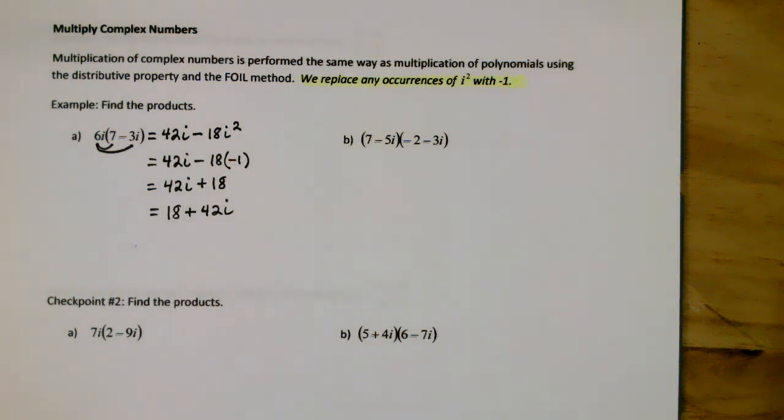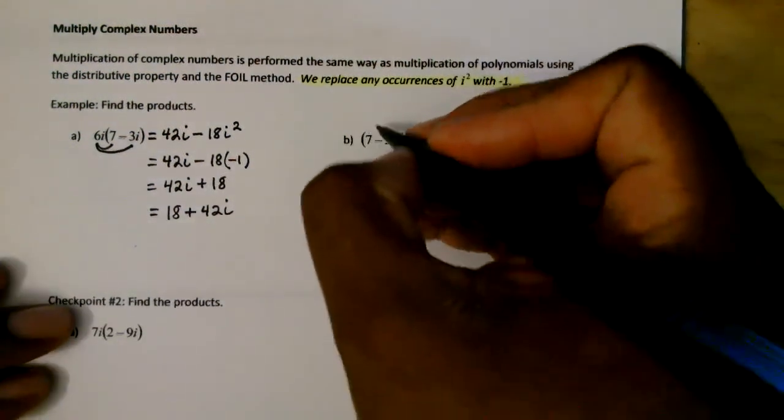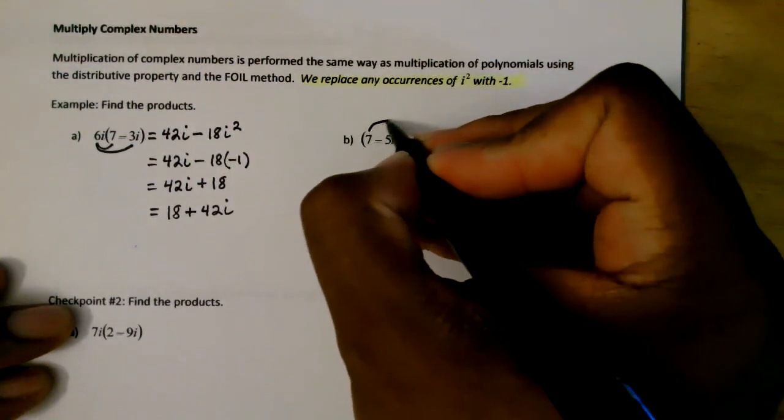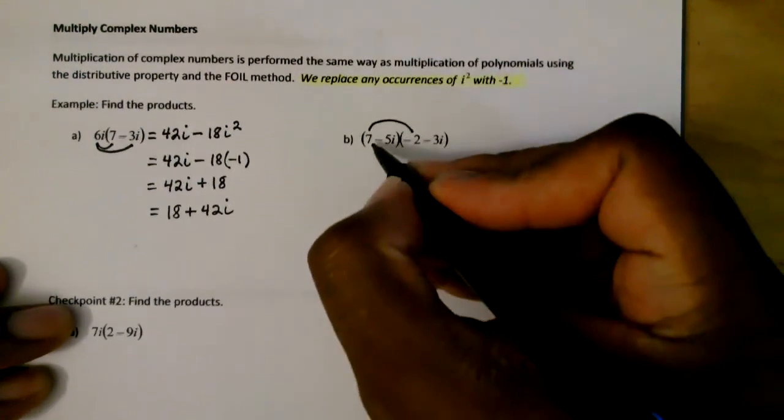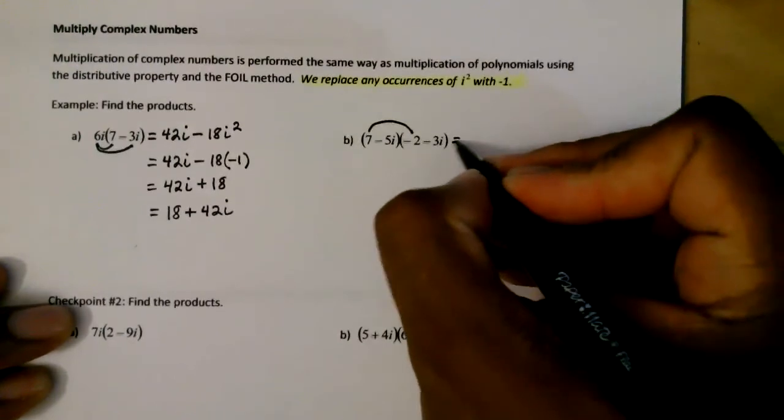Now part B is 7 minus 5i times -2 minus 3i. So here we have a pair of complex numbers. That means I need to use what they call the FOIL method. And that's, of course, for first, outer, inner, and last, if you're not familiar with the FOIL method. So here it is. First term, 7 times -2.